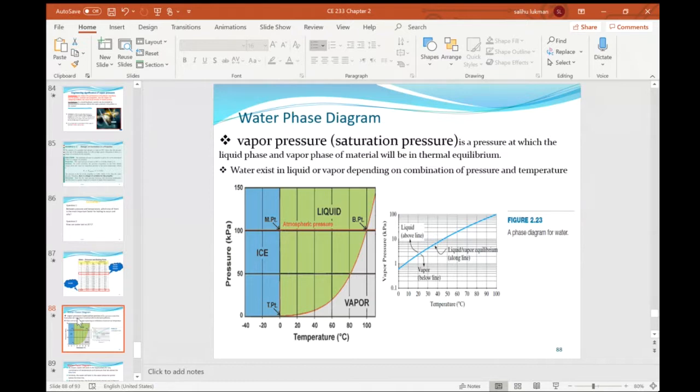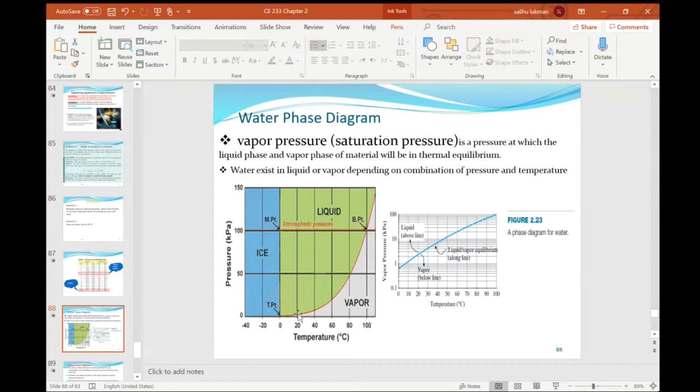I explained how they all affect the boiling point of water, and the boiling point here determines whether water is in liquid state or in gaseous, that's the vapor, state. So the phase diagram, this is one of them.